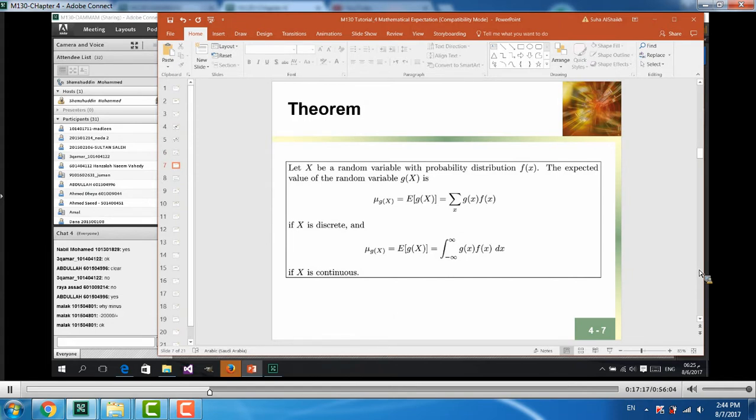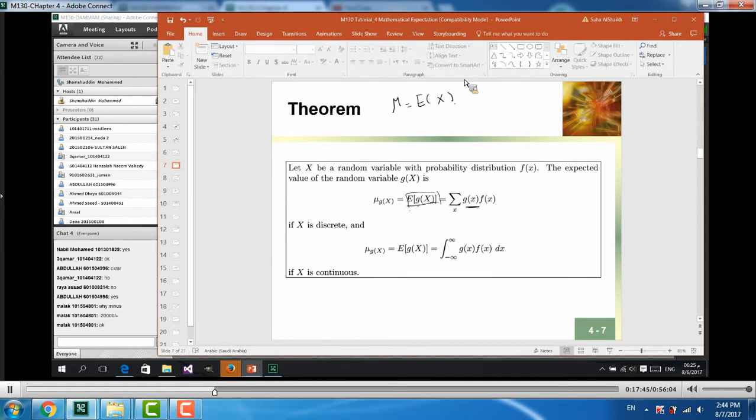Now we are going to generalize that to a general case. Not only the expectation of x, but the expectation of a function g(x). We talk about mu, which is the expectation of x. Now what if we have g(x), a function in x?